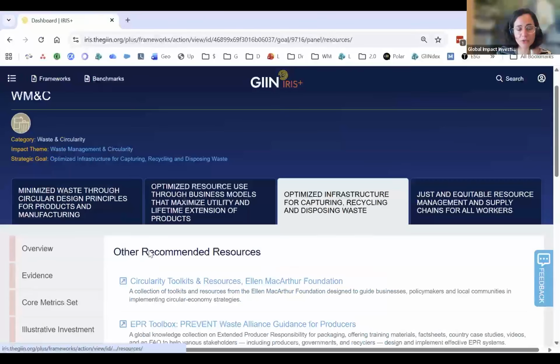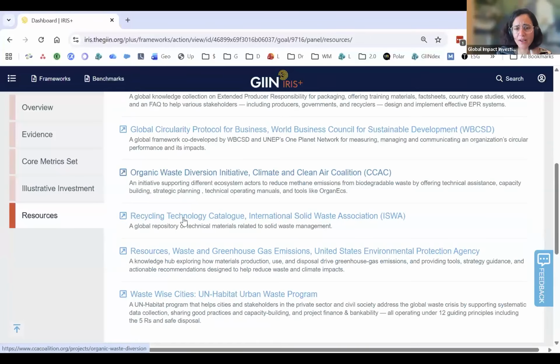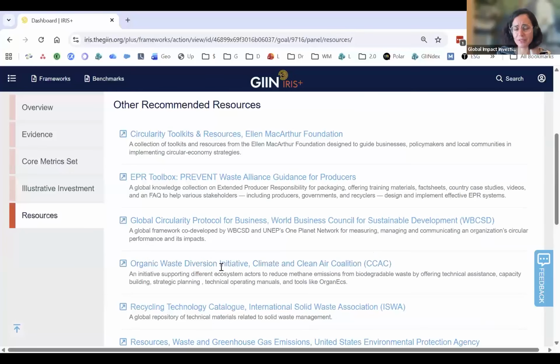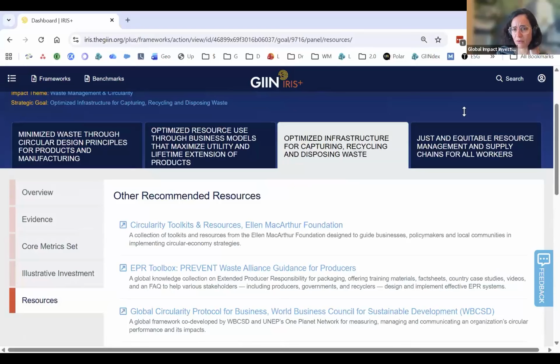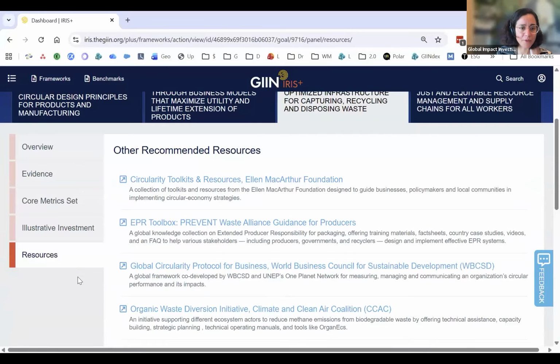And the resources is to a number of other relevant resources. And again, we're not seeking to really answer everything with the work we do, but we hope to answer some very important gaps that exist.